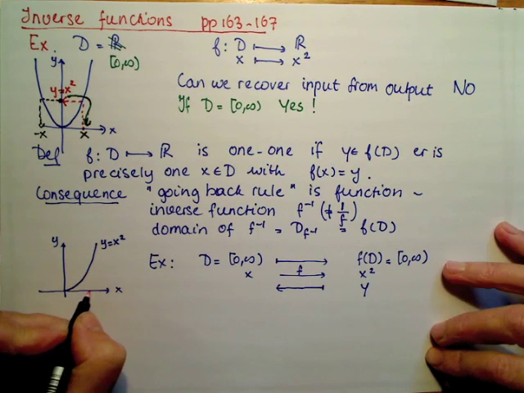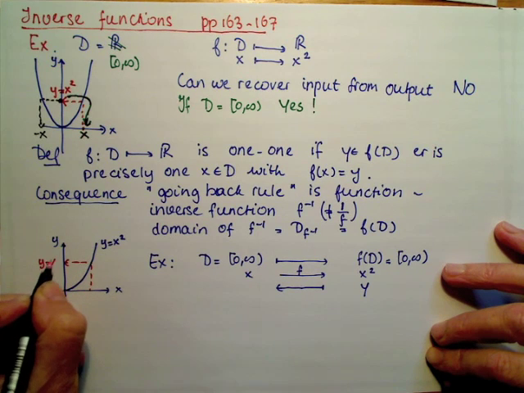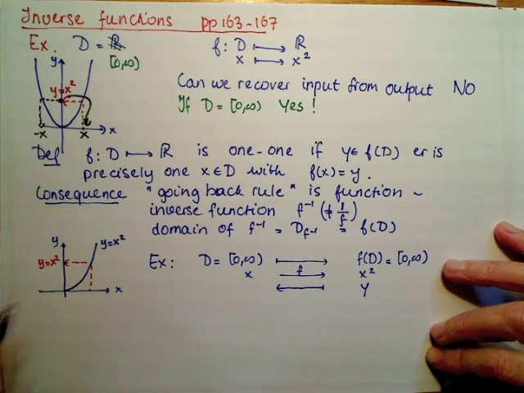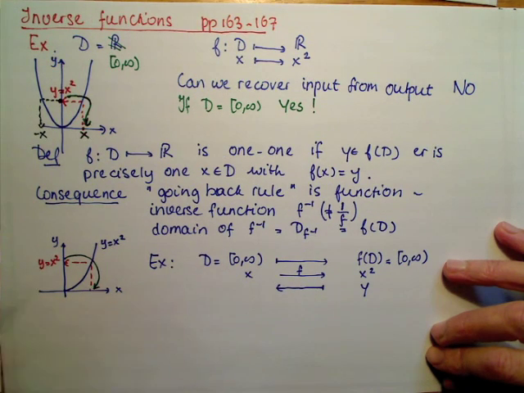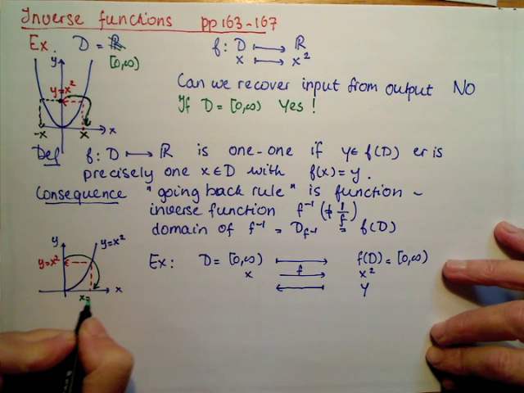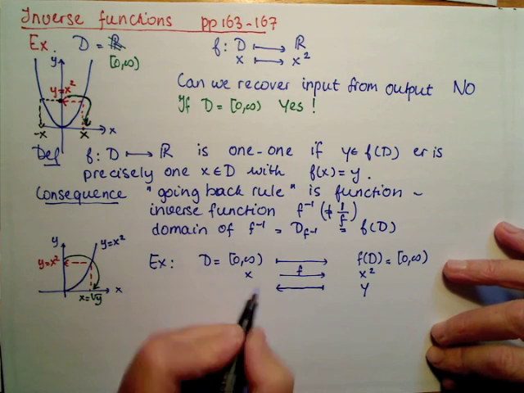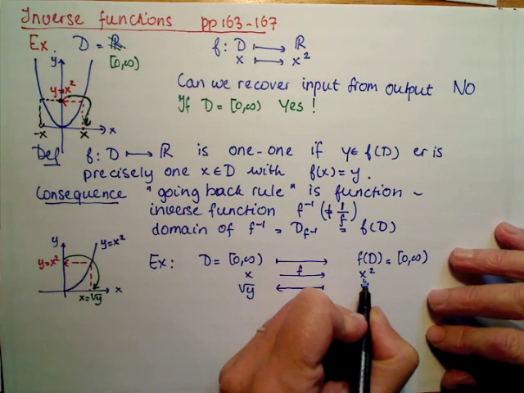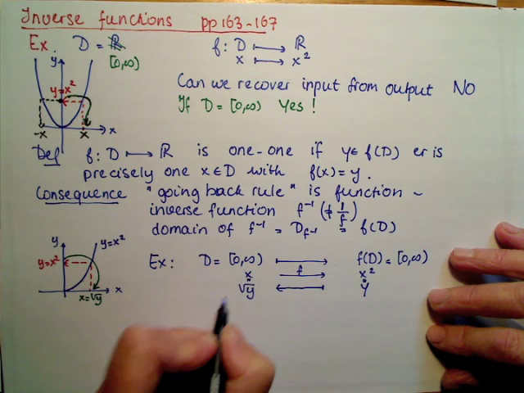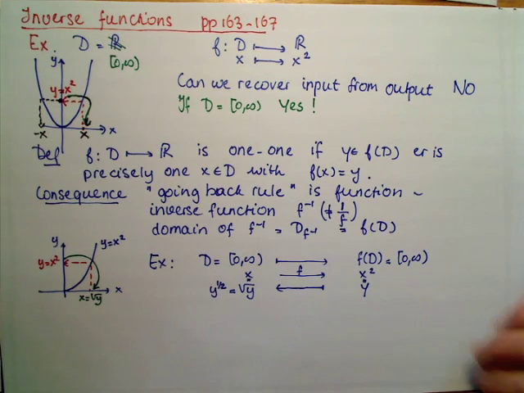If y is equal to x squared, then x is equal to the square root of y in this case. So we go back by taking the square root. And we can note it also by y to the power 1/2.